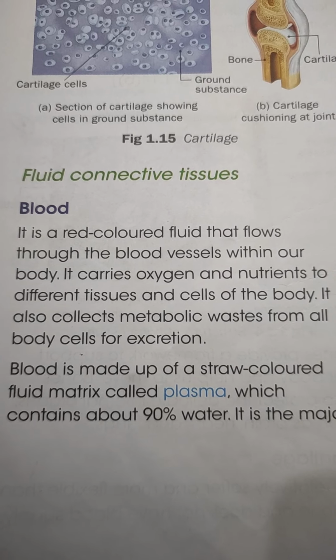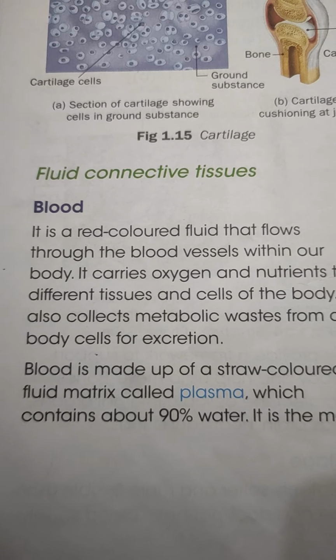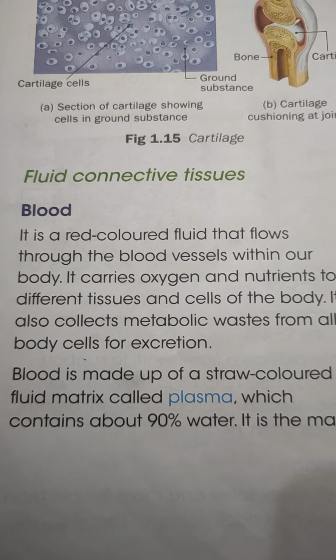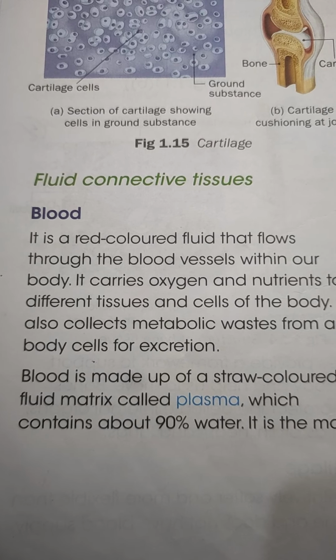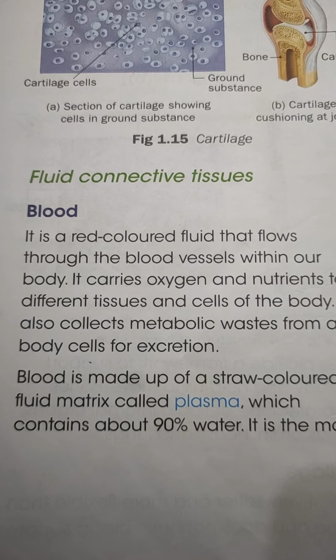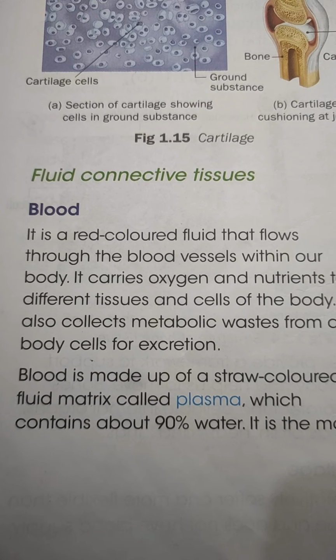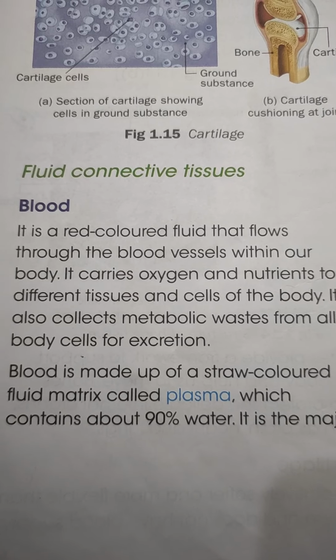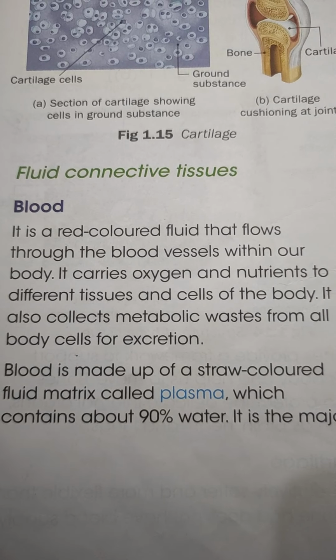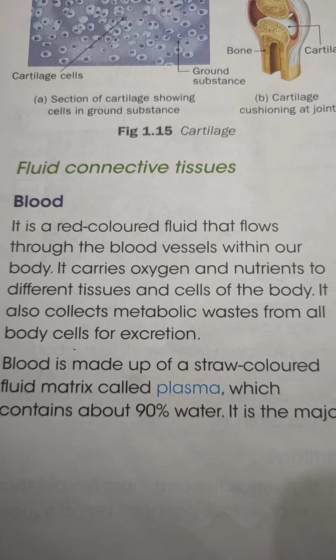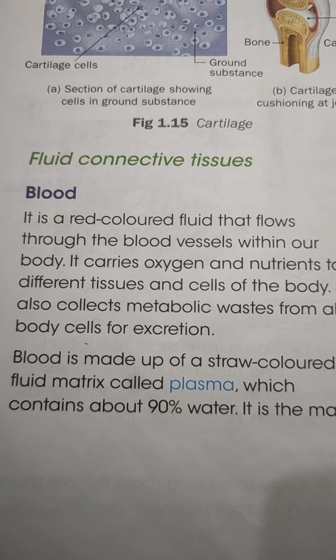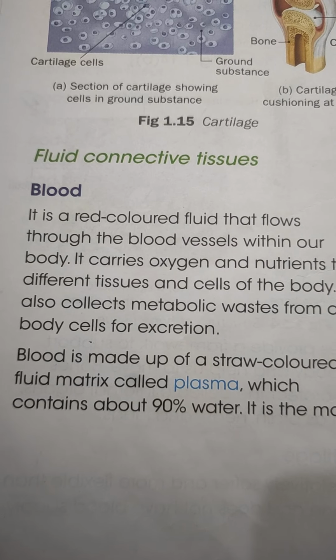As we know, without oxygen we cannot survive. A continuous supply of energy is needed for the survival of an organism, and this continuous supply of energy is possible because of oxygen. If every cell continuously gets oxygen, then only it gets energy, and then the organism can survive.